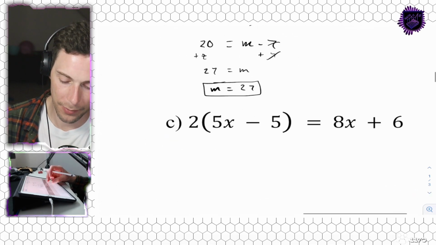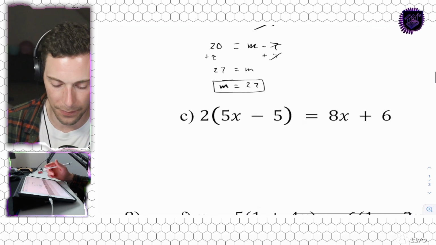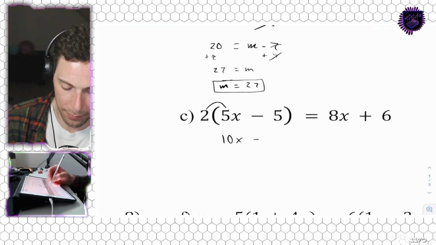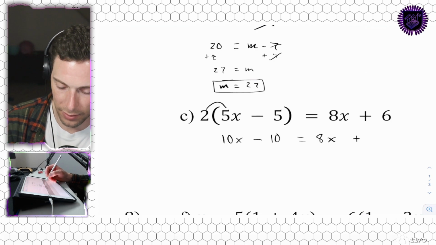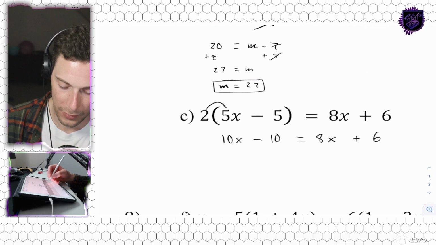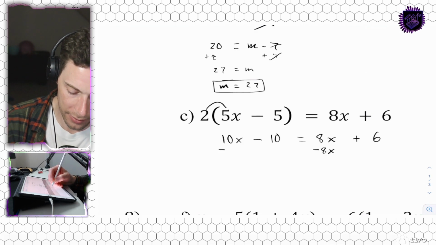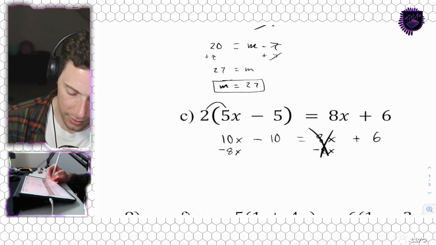So we're combining. I'm going to distribute first, then do the next step. Okay. 10x minus 10 equals 8x plus 6. All right. So let's go this side, minus 8x, minus 8x. That cancels. Hard cancel.